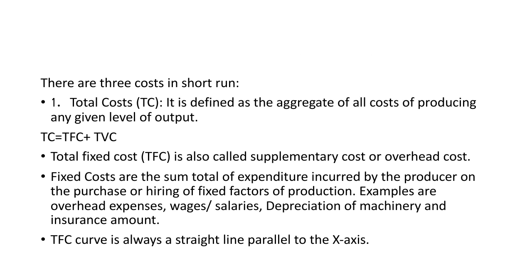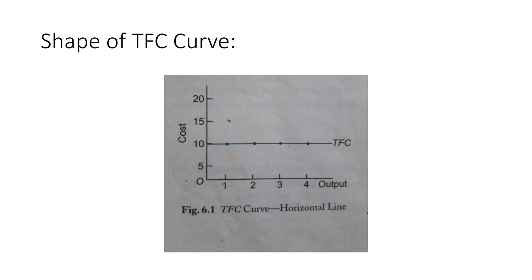Now we will see what the TFC curve looks like. The TFC curve is always a straight line parallel to the x-axis. If we measure output on the x-axis and cost on the y-axis, then we will get TFC as a straight line parallel to the x-axis, which indicates that as the output level goes on increasing, the TFC never changes.